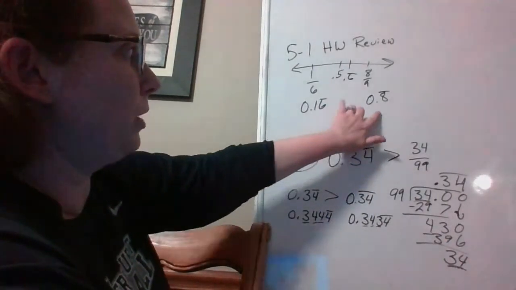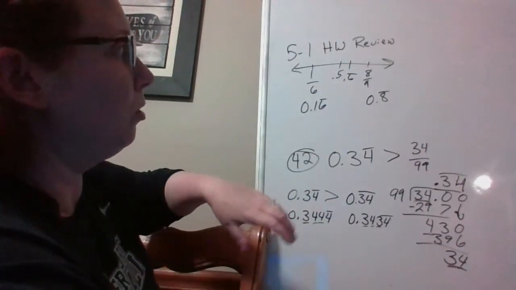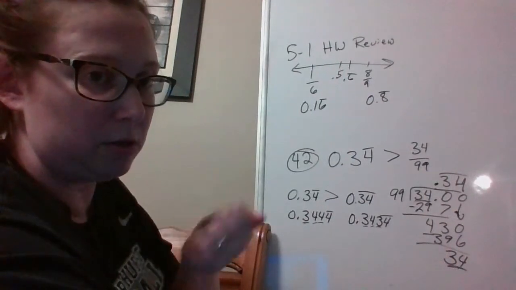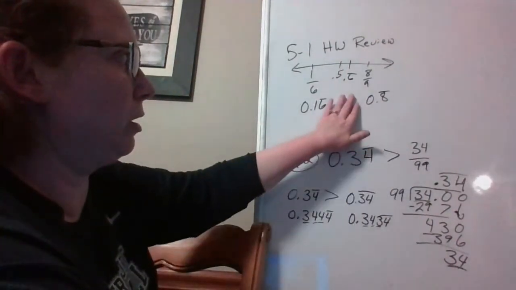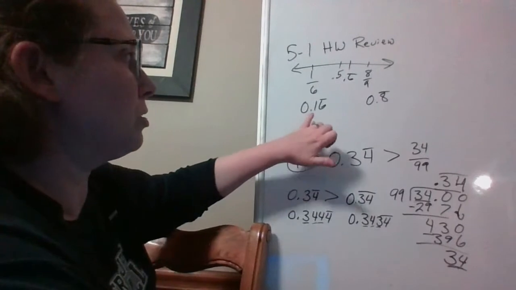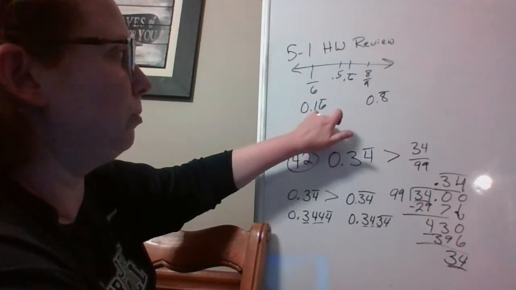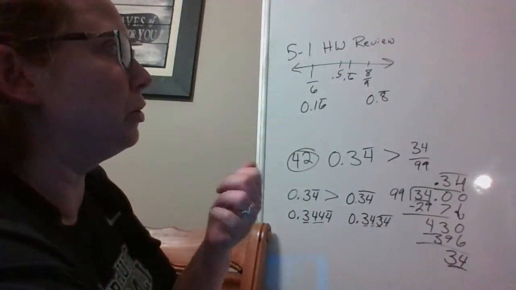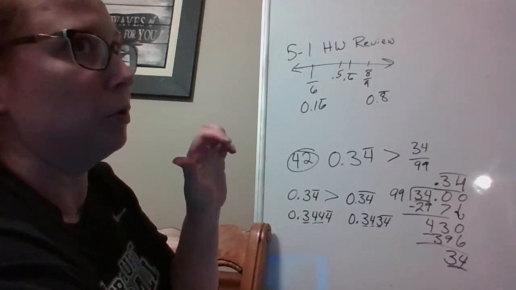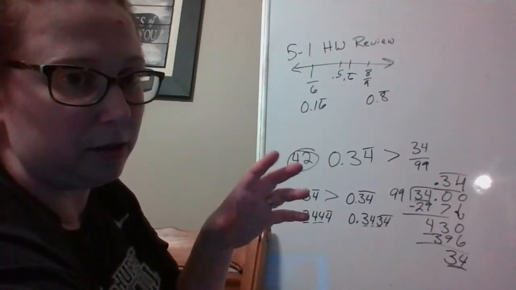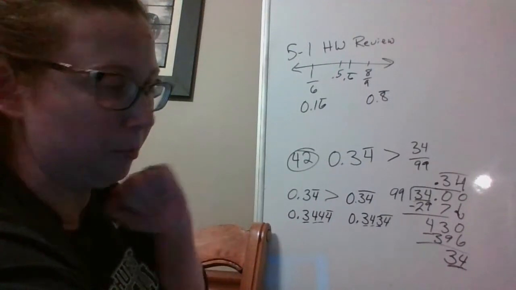So anything between those two decimals, you need one that terminates and one that repeats, but anything in there would work. So as long as you're bigger than this, smaller than this, and you are representing both a terminating and a repeating decimal separately, then you're good to go.